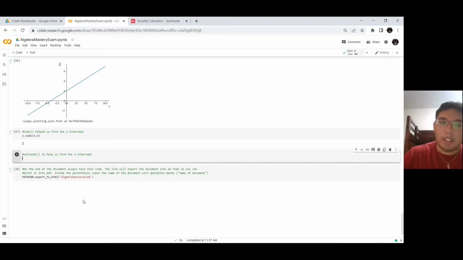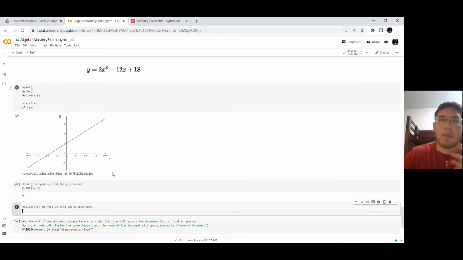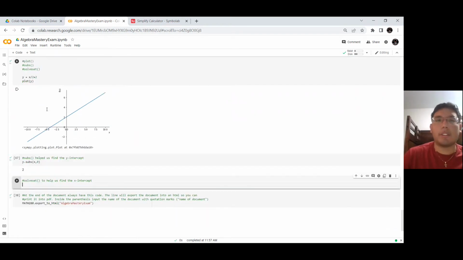We can use solveset to solve for x when y is equal to 0. So remember that solveset, if you do not put an equality or something like that, it would automatically try solving for when the expression is equal to 0. In this case, the expression is called y, so we could just say solveset(y, x).